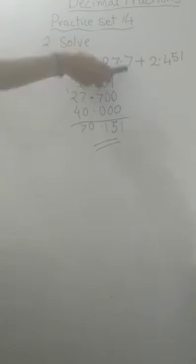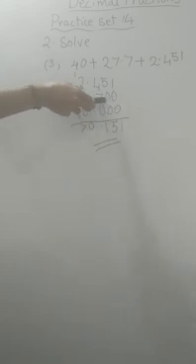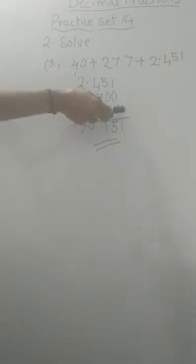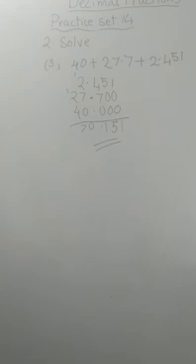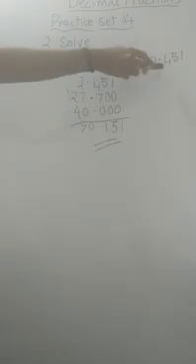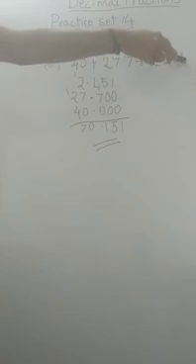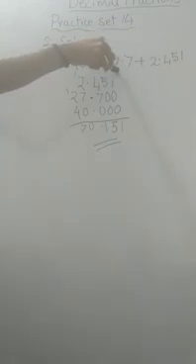See, this is 27.700, and 40 has been written as 40.000, okay? This way we are doing the addition, okay? So that we can have 3 decimal places, which this one has. This you can change into 2 or 1, okay? But this you can change into 3, okay?